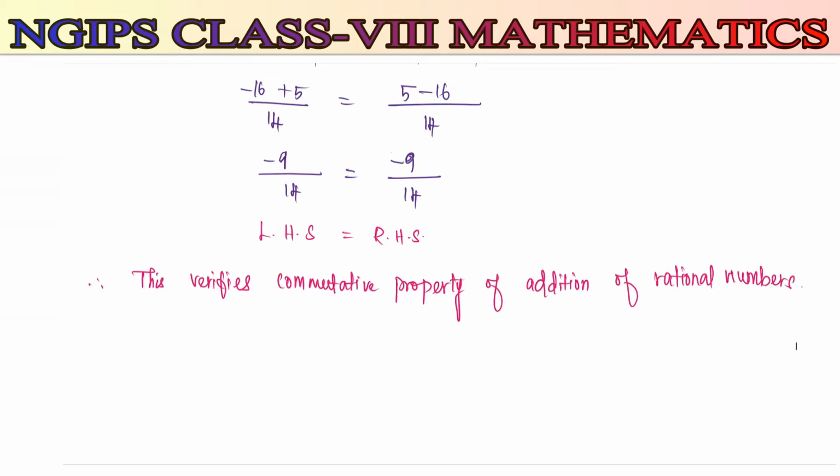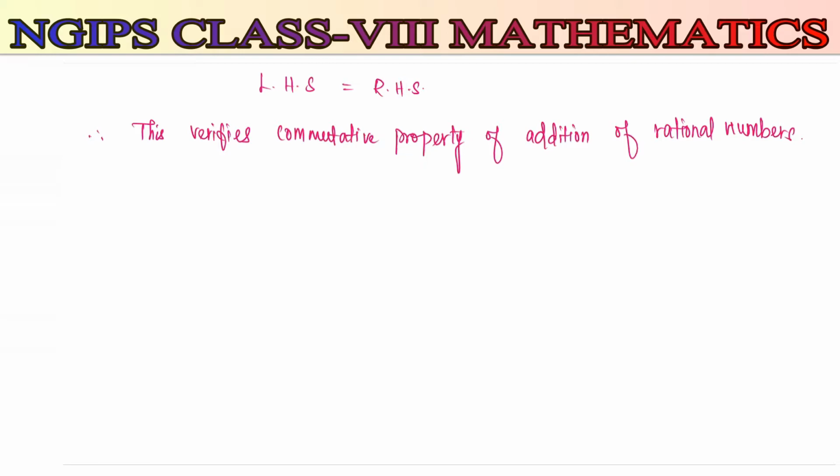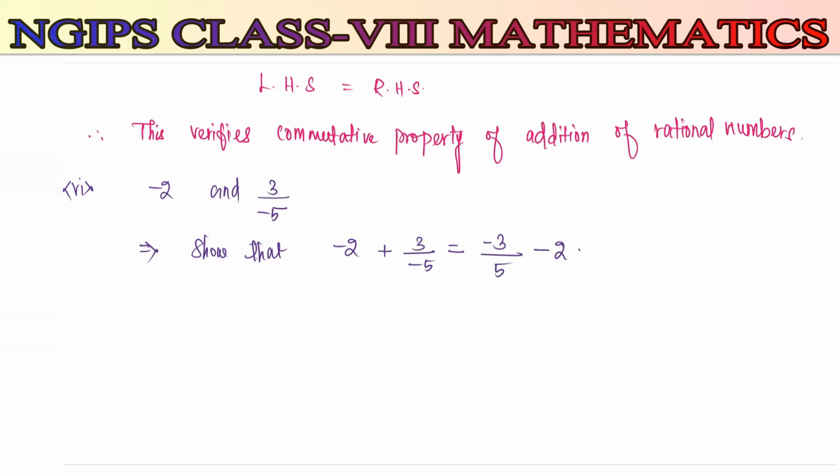Okay, now we will see the next one. Here the sixth one we have minus 2 and 3 divided by minus 5. Here we need to show that minus 2 plus 3 divided by minus 5 should be equal to minus 3 by 5 plus minus 2, because here this negative sign you can shift to the numerator, so we can write it as minus 3 by 5 also.